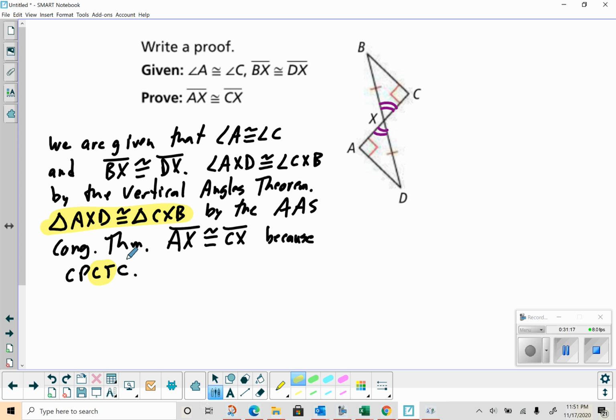I could have just as easily proven that angle B is congruent to angle D. One of the key things, and I cannot overemphasize this: you cannot use CPCTC until after you have proven that you have congruent triangles. You can't start with CPCTC. This only comes after a statement saying that this triangle is congruent to that triangle.